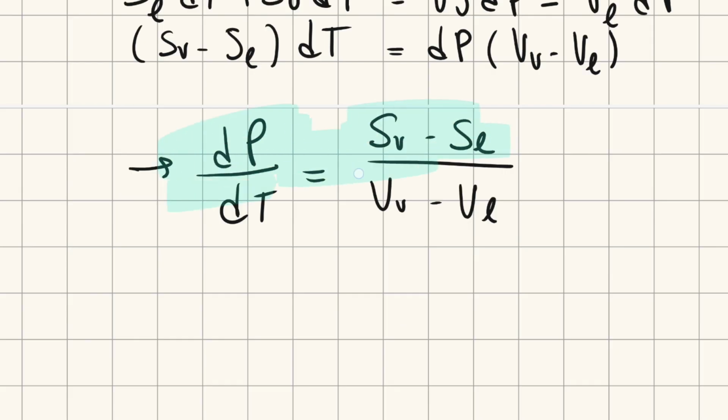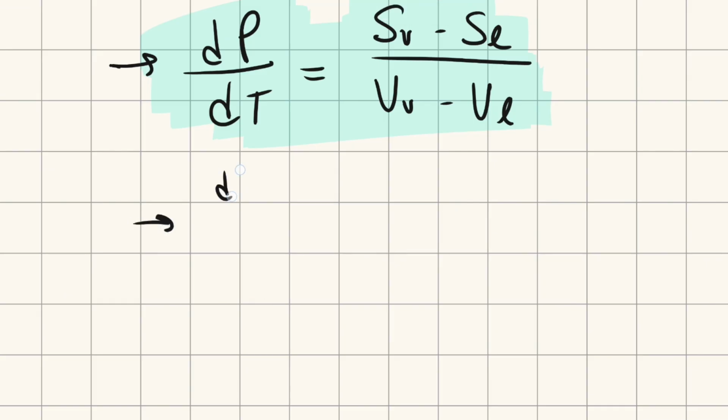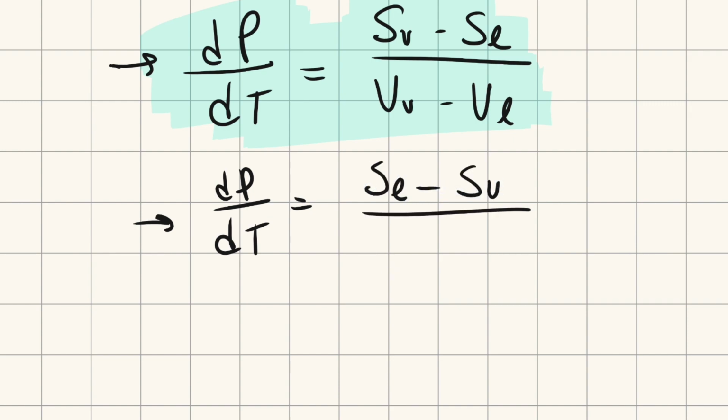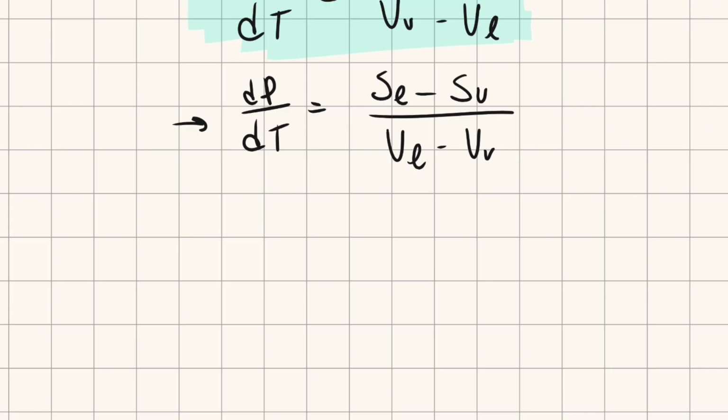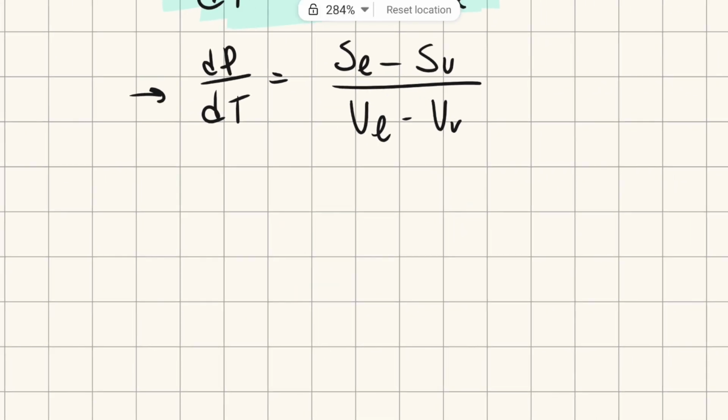This is already the Clausius-Clapeyron equation again, but in general you will find this equation in this form: the derivative of pressure with respect to temperature is equal to S_L minus S_V divided by V_L minus V_V, just by multiplying the numerator and denominator by minus 1. This differential equation is going to allow us to find a function of the pressure in terms of the temperature.